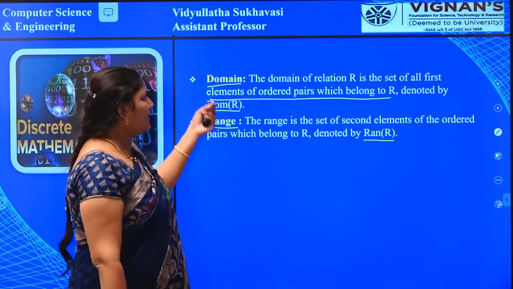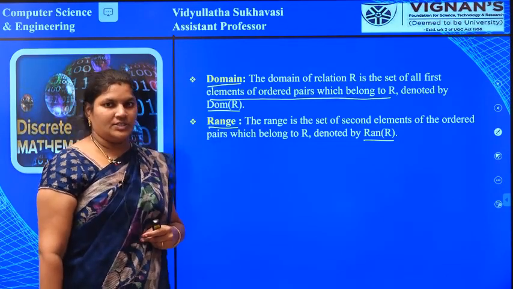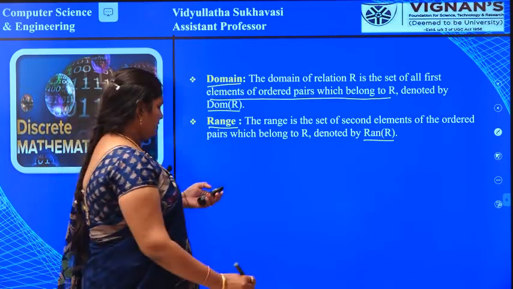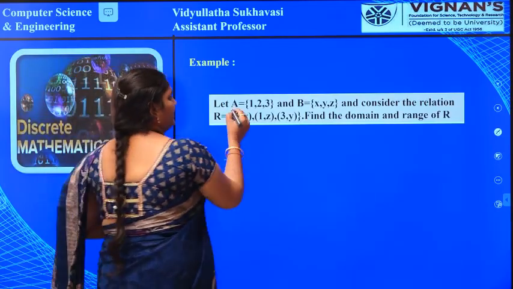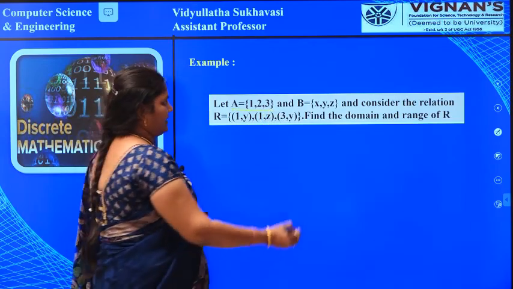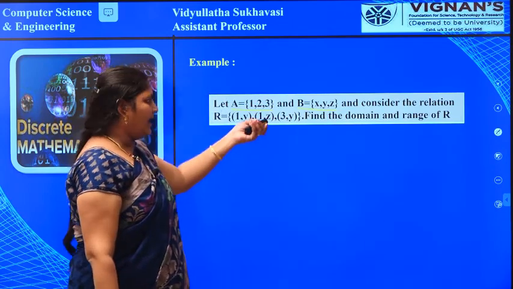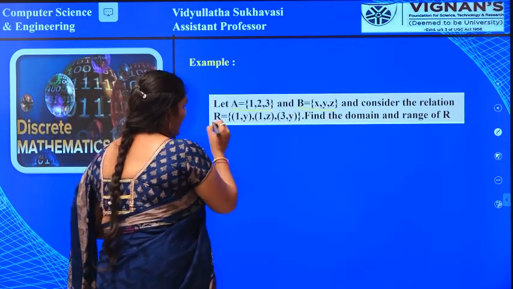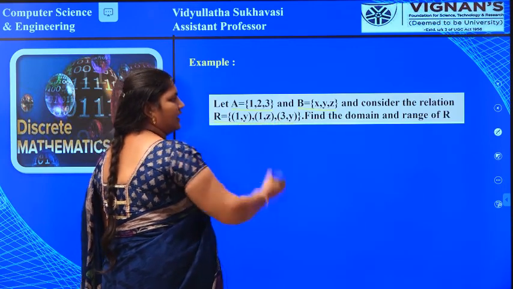Let us see how we calculate the domain and range for the given relation R with an example. Here we have a set A equal to {1, 2, 3} and the second set B equal to {x, y, z}. They have given a relation R equal to {(1, y), (1, z), (3, y)}.